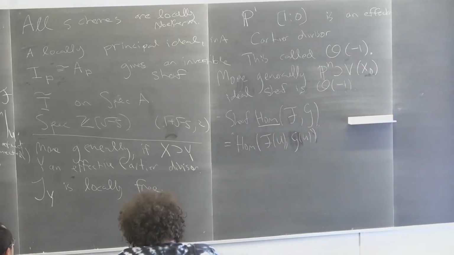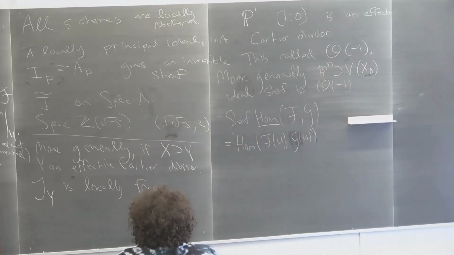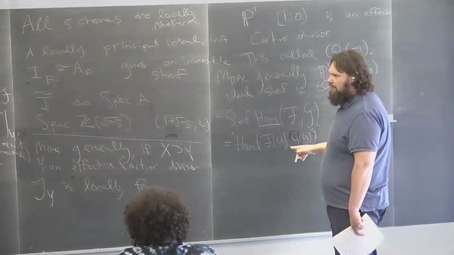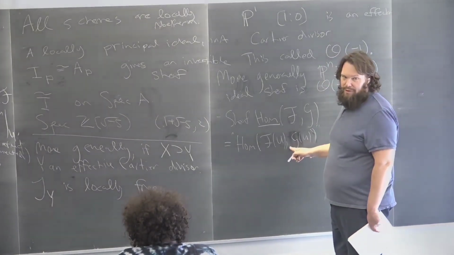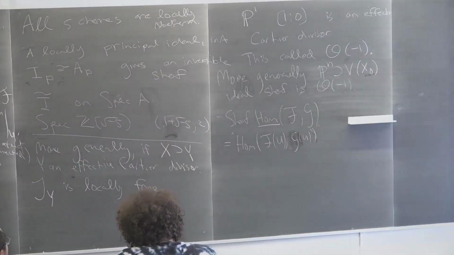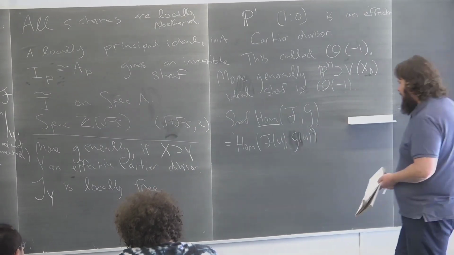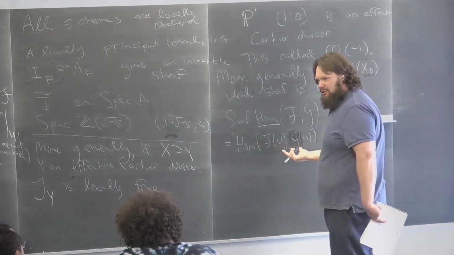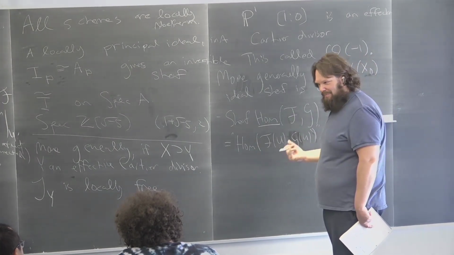But that's not a sheaf. There's no guarantee that this is even a presheaf, that you can restrict one of these. So this is correct on small enough open sets.